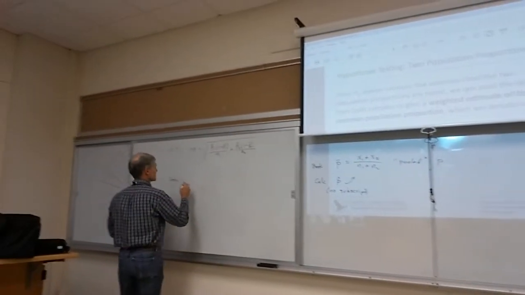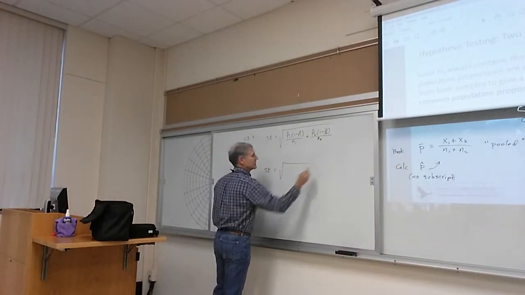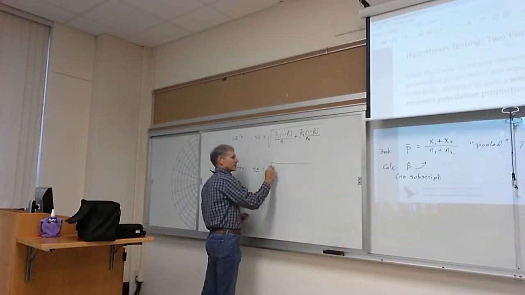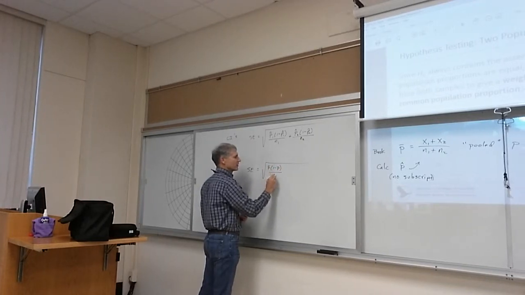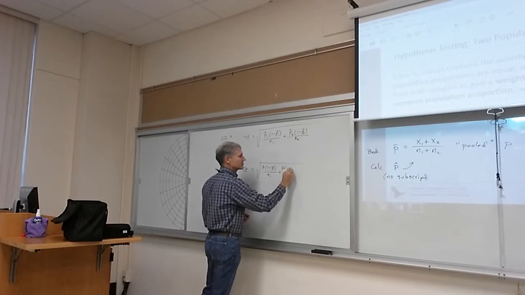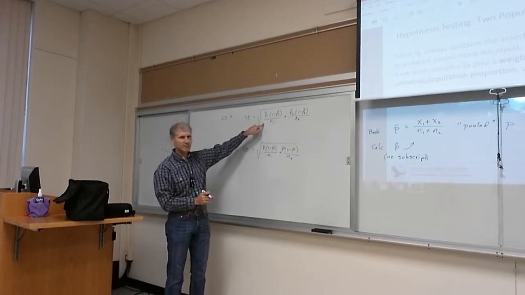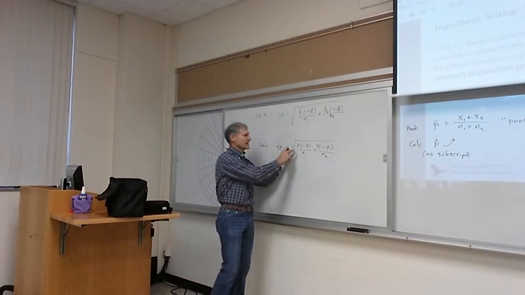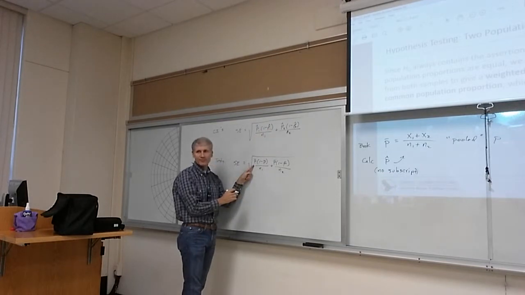So for tests, the standard error is the square root of P bar times 1 minus P bar over N1, plus P bar times 1 minus P bar over N2. It looks really similar, but notice that now it's the pooled estimate of P in there instead of P1 and P2.